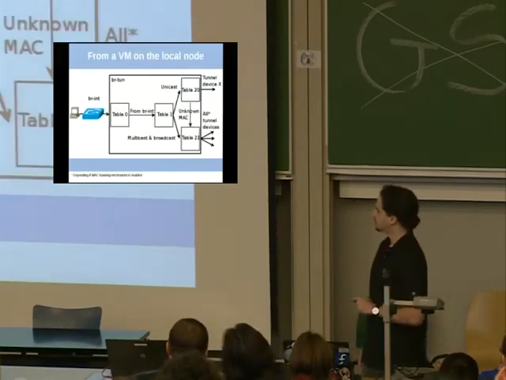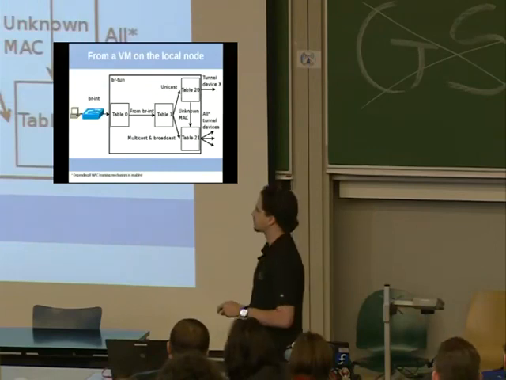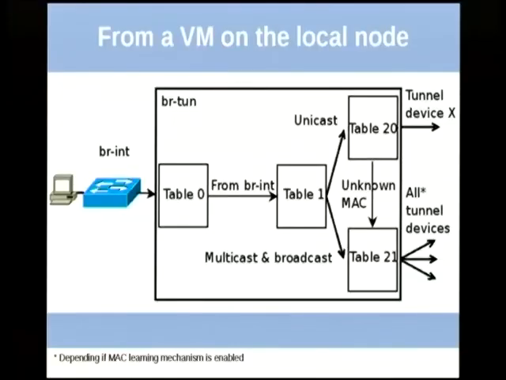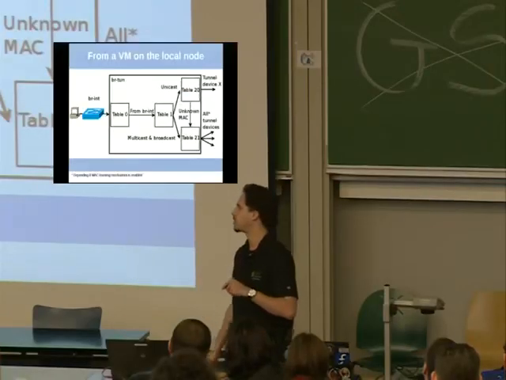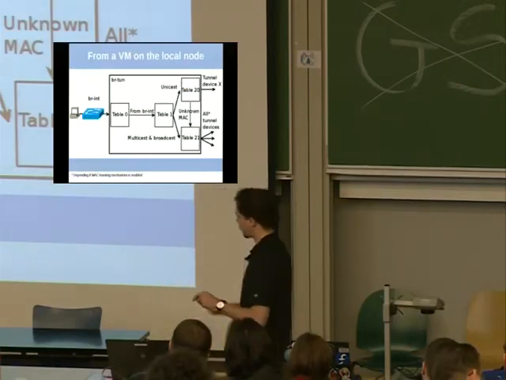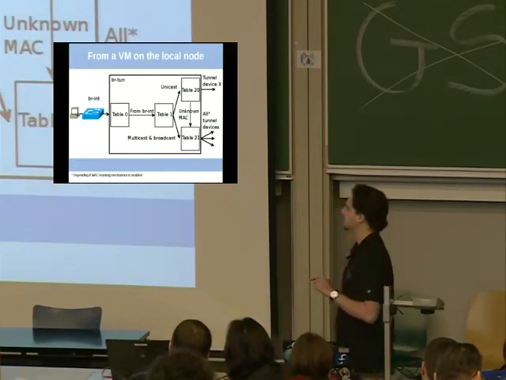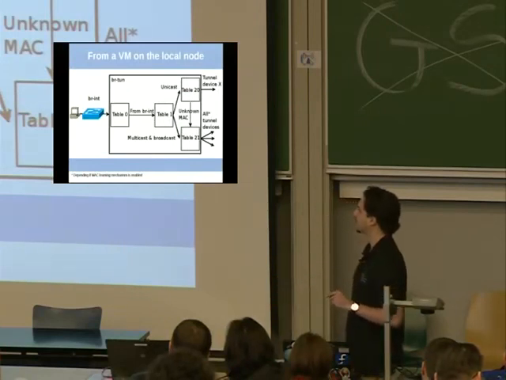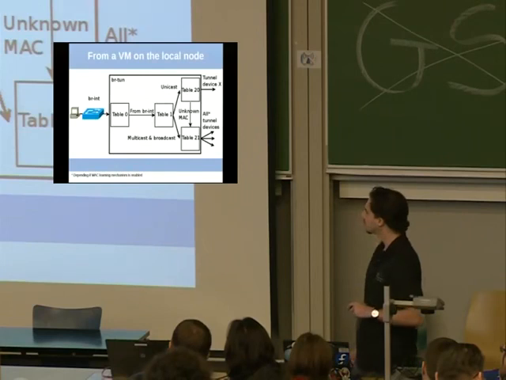Kind of logically speaking, what's the flow table? How do we use these different tables, or how does the logic work? Traffic that's coming in from a VM on the local compute node, just a VM connected to the integration bridge, all VMs are connected to that bridge, enters the tunneling bridge, which is represented here.